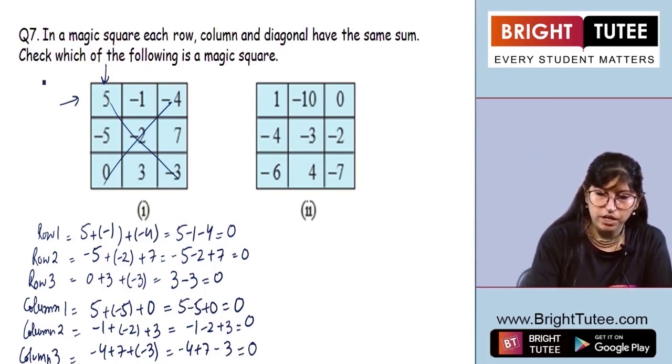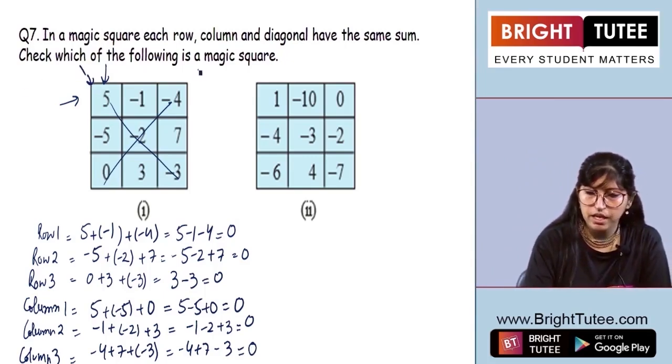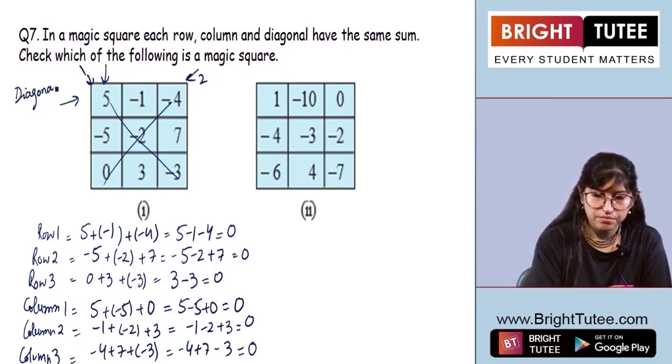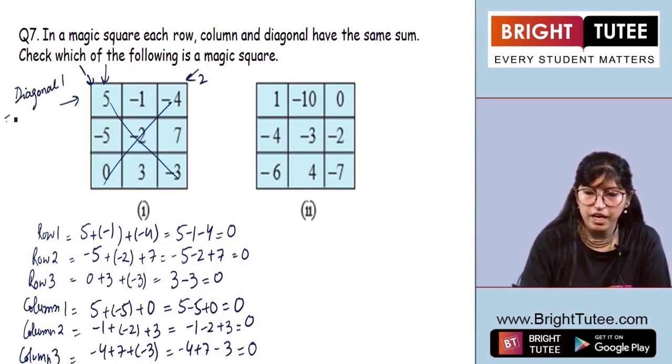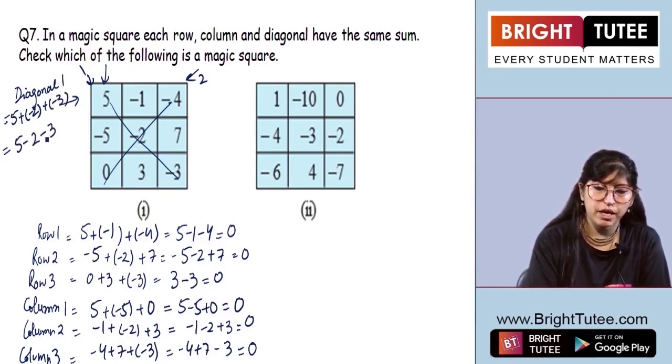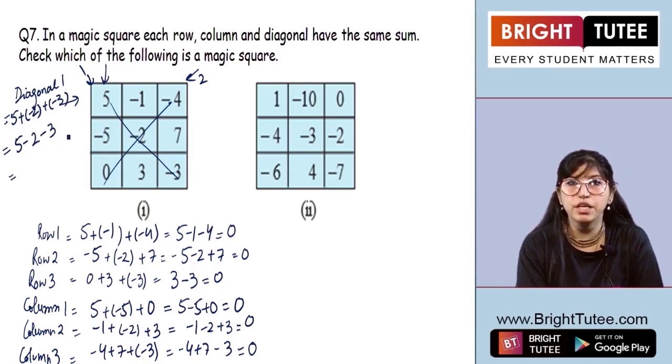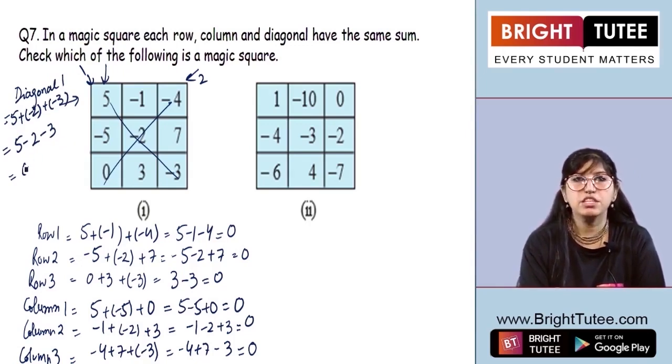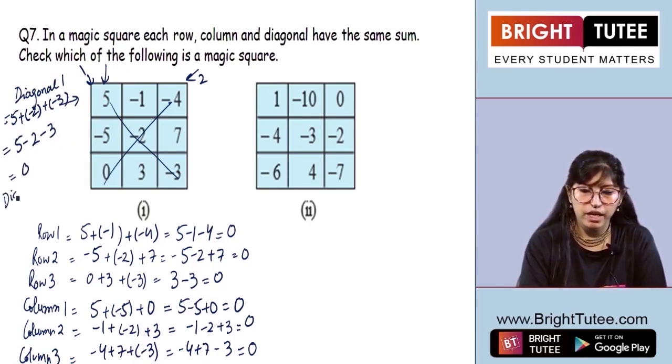Now let's say this is the first diagonal and we'll take this as the second diagonal. So diagonal 1, what do we get? 5 plus minus 2 plus minus 3. So 5 minus 2 minus 3. 5 minus 2 is 3. 3 minus 3 will be 0. Now let's try diagonal 2.